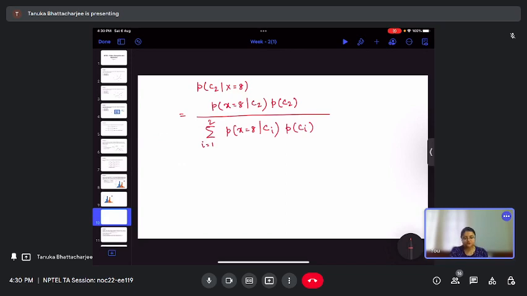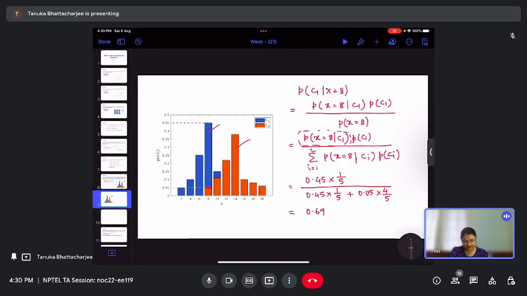The first term, the probability of x equal to 8 given C2, is the class conditional probability for class C2. From the orange distribution, for 8 we have 0.05.